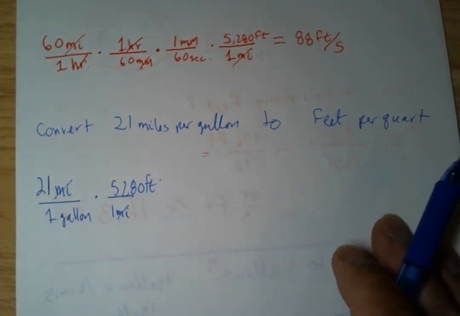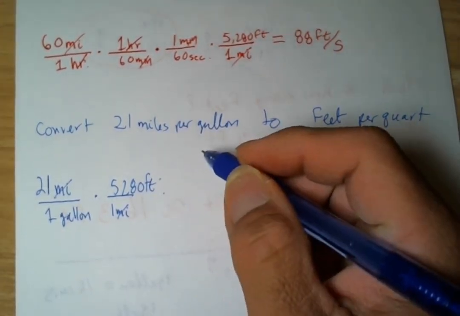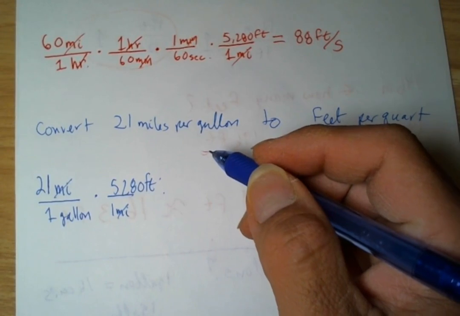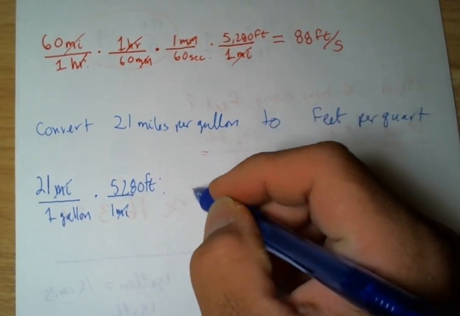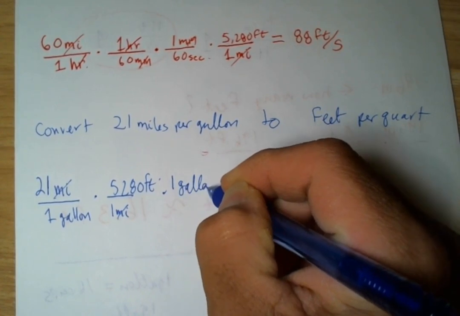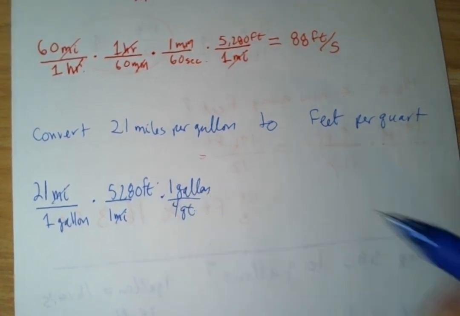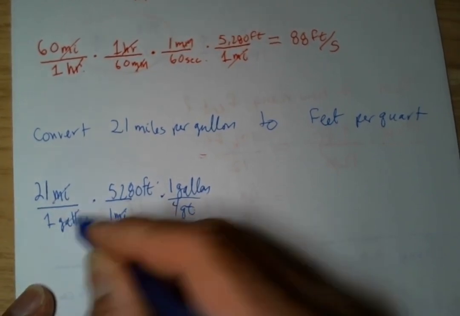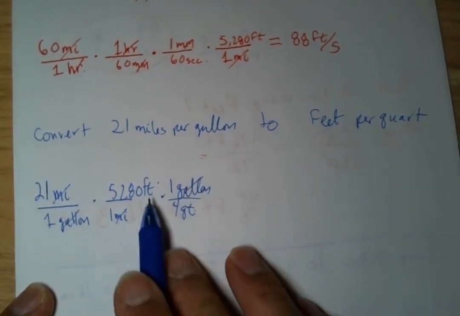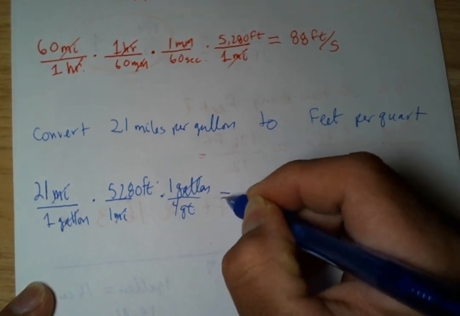So now let's take a look at my denominator, gallon, and I want to change that to quart. So looking at my table, I see that there are 4 quarts in 1 gallon. So the 1 gallon goes in the numerator, since I want to reduce that, and the 4 quarts in the denominator. Okay, and then we see here the gallons reduce, and now we have feet per quart, which is exactly what I want.